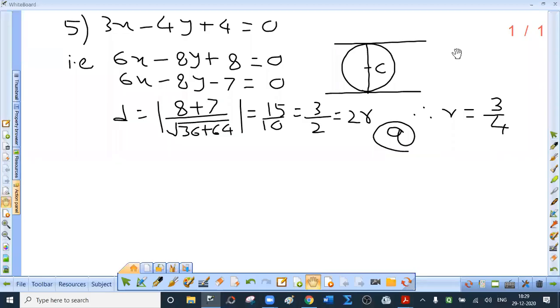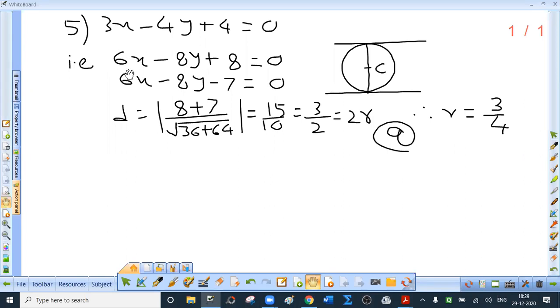Sum number 5. If the lines 3x minus 4y plus 4 equal to 0 and 6x minus 8y minus 7 equal to 0 are tangents to a circle, then find the radius of the circle. Observe that the given tangents are parallel to each other, and that is why the distance between them is nothing but the diameter of the circle. The only thing is this equation is to be written by multiplying all the terms by 2.